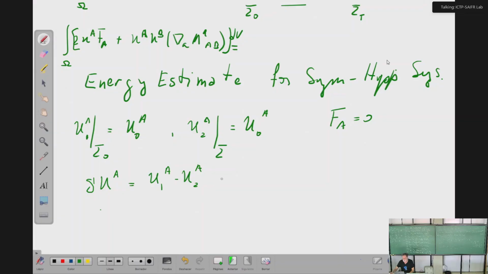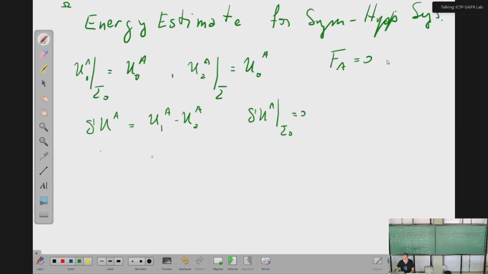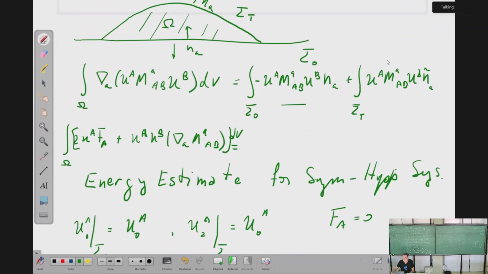But the initial data of this, delta U_A at sigma 0, is 0. So what we conclude from this inequality is, this is 0 because here I want to put delta u, and delta u is 0. So we have that this thing is 0.